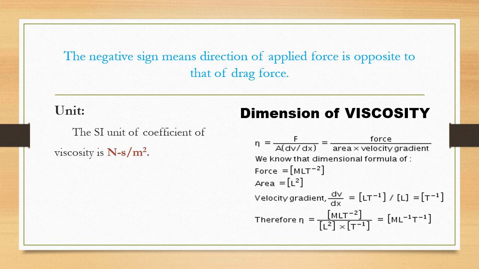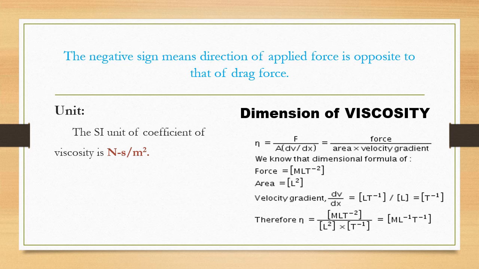We know that the dimensional formula for force is [MLT^-2], and area is [L^2], and the velocity gradient dv over dy is equal to LT^-1 divided by L, where L cancels L and remains T^-1. Therefore, eta is equal to MLT^-2 divided by L^2 into T^-1. By solving this dimension, we get [ML^-1T^-1].